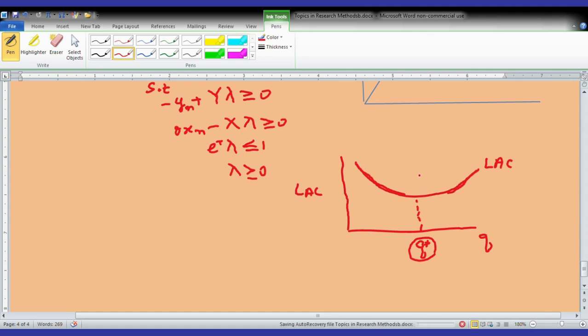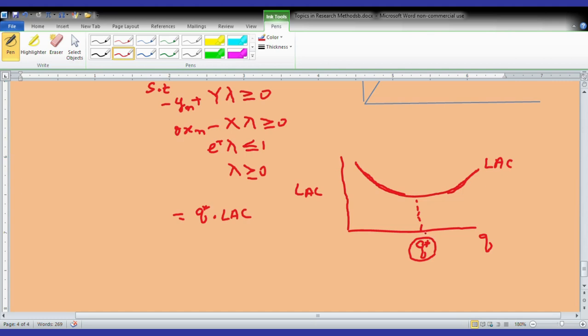So this means that if I multiply long run average cost by Q star, I will be getting the long run total cost. Q star is the level of output at which we have minimum long run average cost, so per unit cost is at its lowest, and the total cost for producing Q star is at its minimum as well.